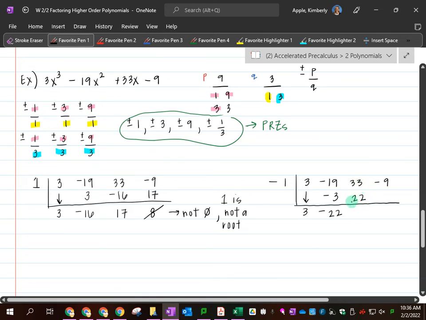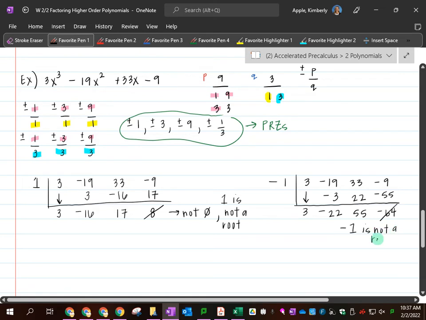I'm pretty sure this is not going to work, right? I mean, we can see it through. This will be 55, negative 55. Who cares? That doesn't work. So this is not, what is that? Oh, shoot. That's negative 64. Definitely not 0. Negative 1 is not a root.